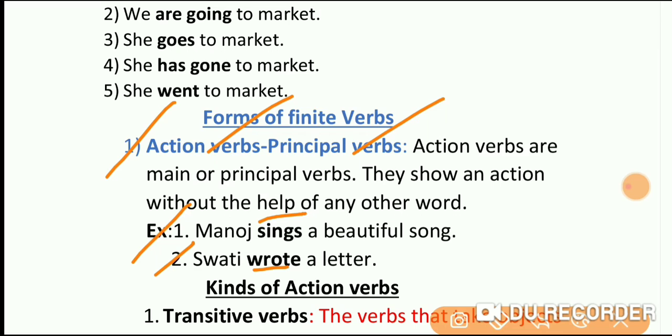Sings means sing. That is the complete meaning of that word. Wrote means wrote. That is the complete meaning of that word. So they don't take the help of any other word to have the meaning. Such verbs are called main verbs.